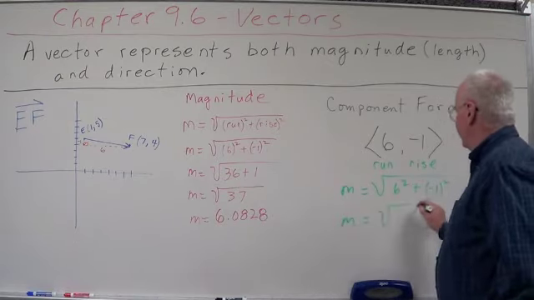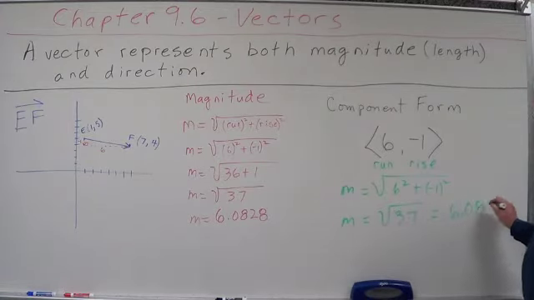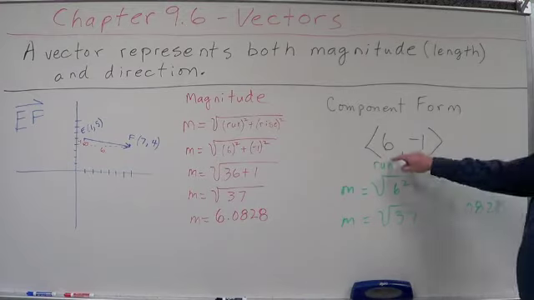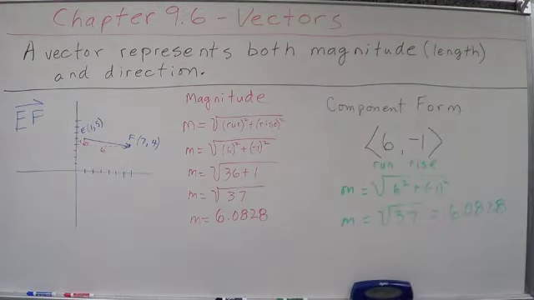Magnitude equals square root of 37 equals 6.0828. So all we do is take what would be considered in a line, it's just a slope. That's all we're doing there, basically considering that we have it in component form.